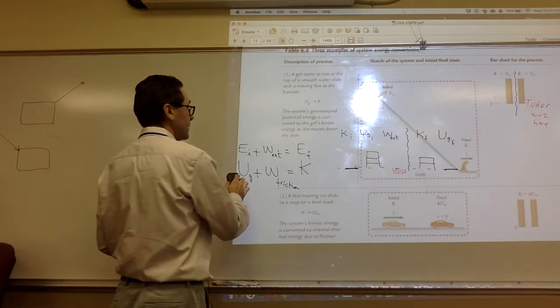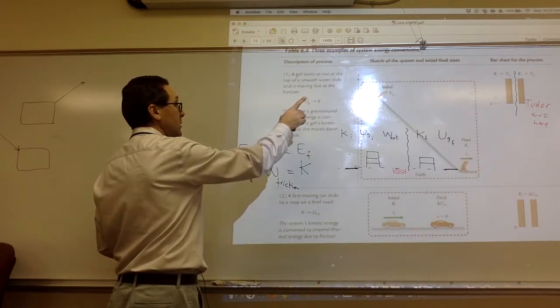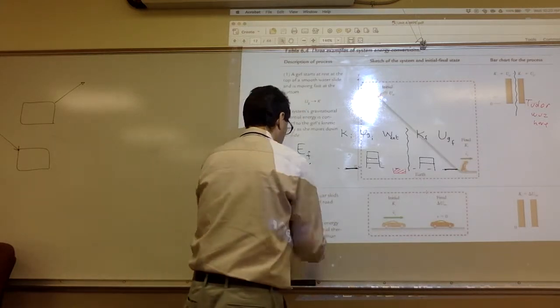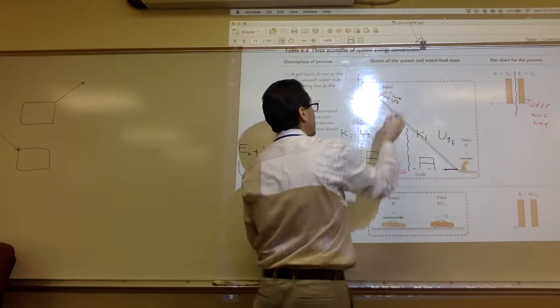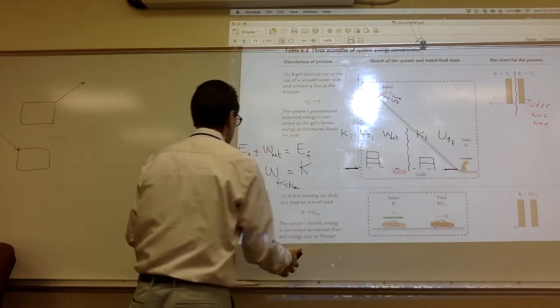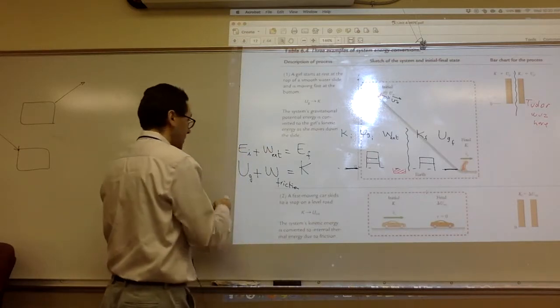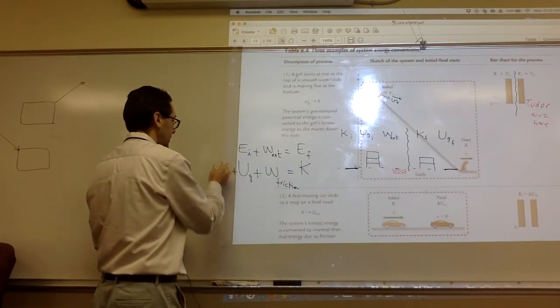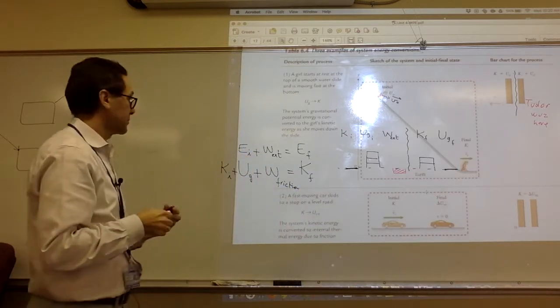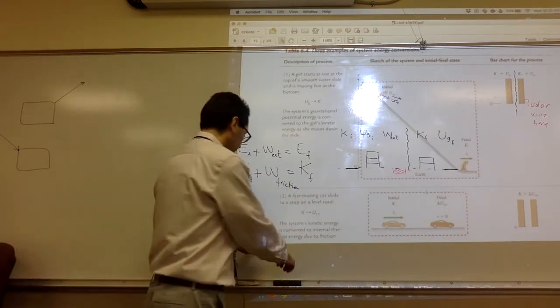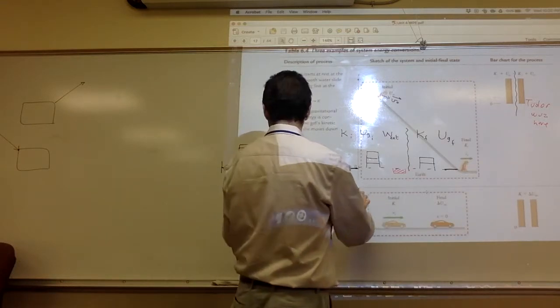Let's say when she's at the top, someone gives her a push, which means she has an initial velocity. So let's see how that's going to change here. When she's at the top now, she has some kinetic energy initial, so I'm going to put a subscript here. Okay? What's going to change?